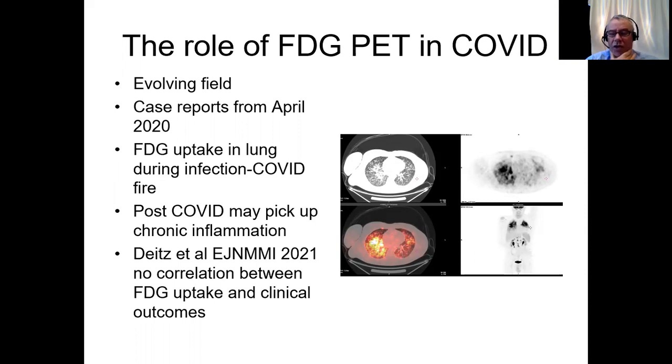Some very recent work that came out in the last couple of months showed, in fact, that there's no real correlation between this FDG uptake in the acute phase and clinical outcomes. And it seems that some patients are able to clear the virus and the inflammation very easily from their lungs, and other patients have particular problems, and we can't seem to be able to predict that with FDG.